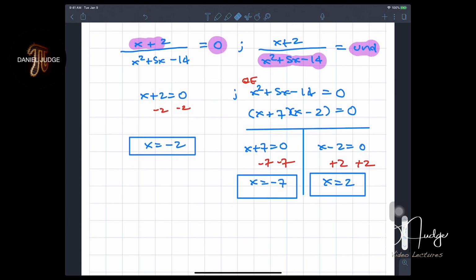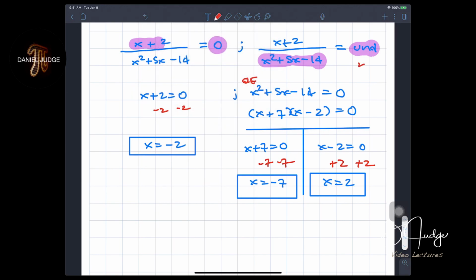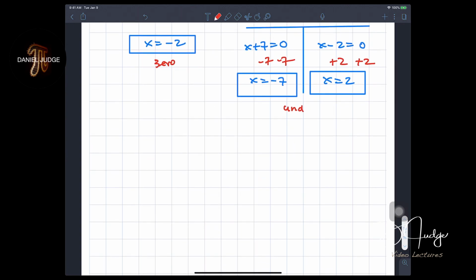Now, these are the locations where my fractions are undefined. Remember this. This is about being undefined. This is the undefined values of x there, and this is where it equals 0. So we're going to use these numbers. So at this point, ladies and gentlemen, label everything. I have my real number line. Now, take a look at the numbers. You got negative 2, you got negative 7, and you got 2.